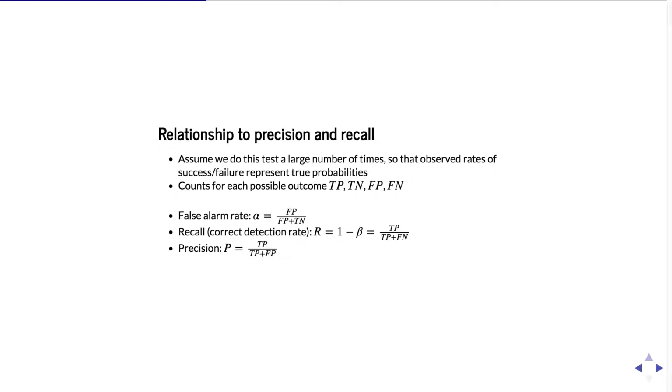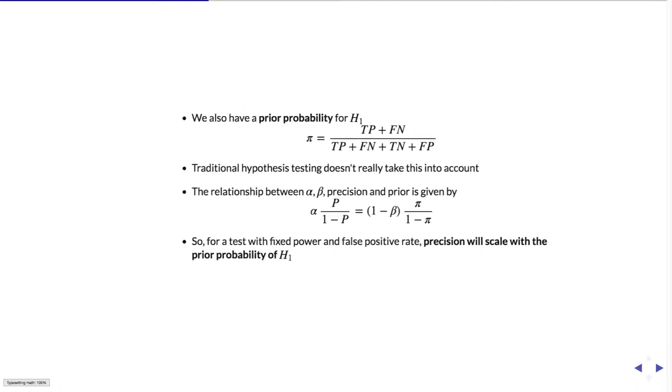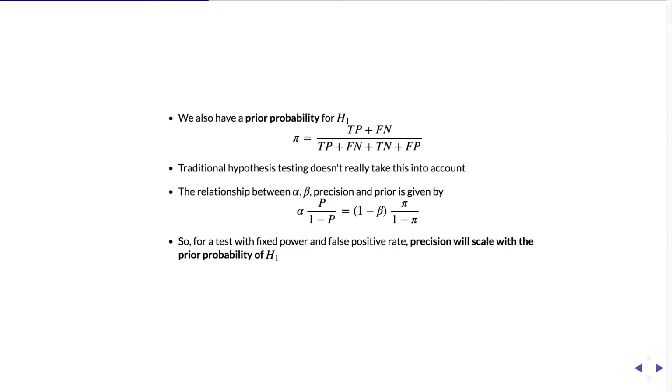And the empirical correct detection rate will correspond to the recall that we're used to computing on a set. Precision is a thing that isn't really discussed in this literature at all, and the reason for that is because precision depends on prior probability. So we also have, in this whole mix, a prior probability, which isn't really discussed here.